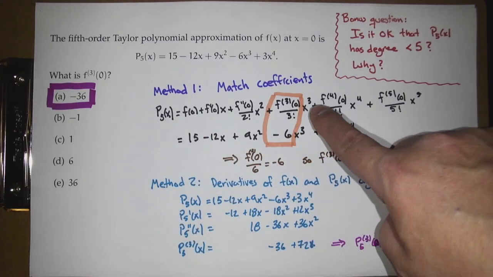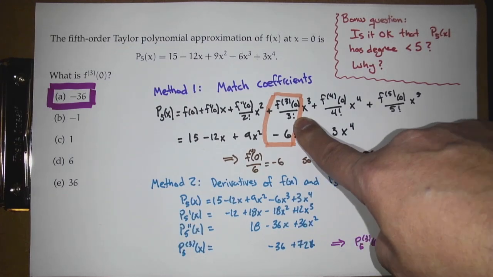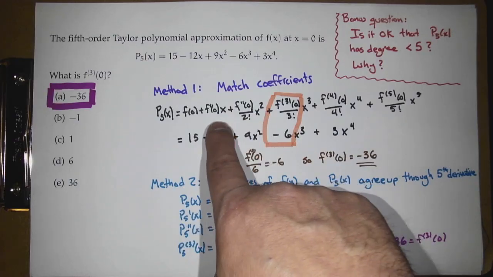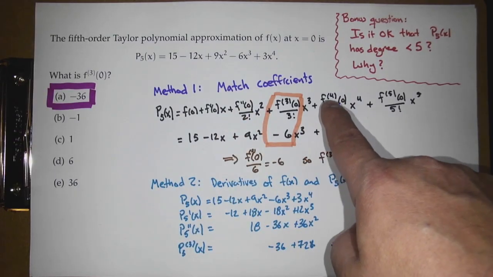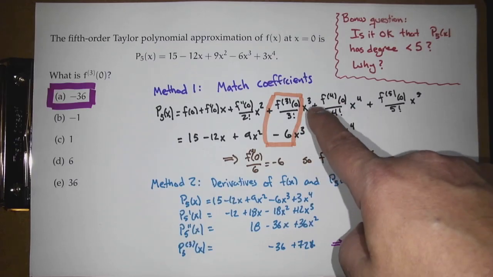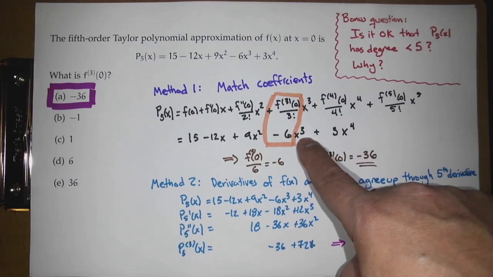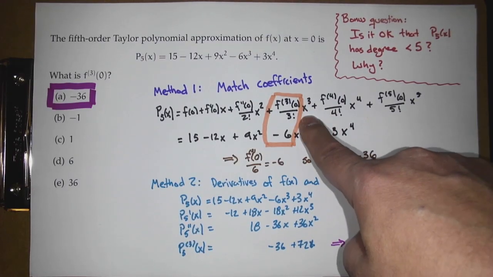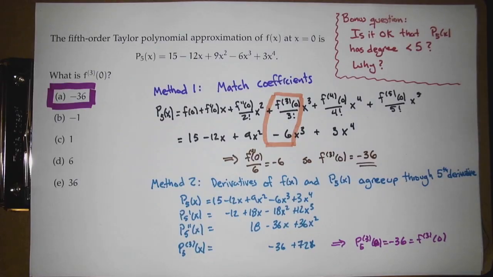The coefficients are storing the derivatives, divided by the order of the derivative. The x squared stores the second derivative, the x to the fourth stores the fourth derivative, and so forth. So the x cubed is storing the third derivative, so the coefficient of x cubed has to be the third derivative divided by 3 factorial. Now I can just set these two equal, and 3 factorial is 6, and solve.